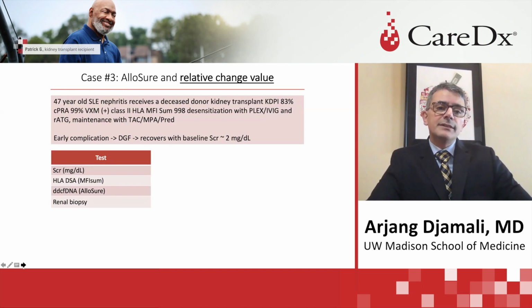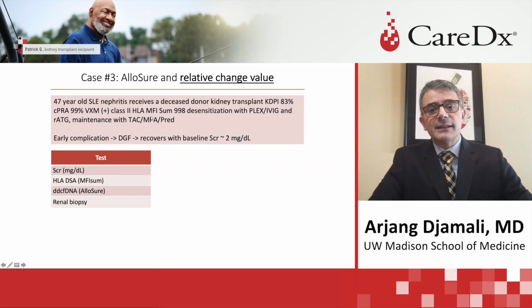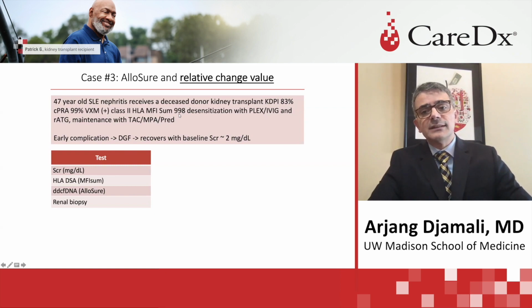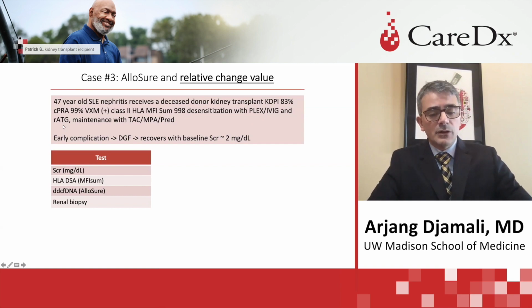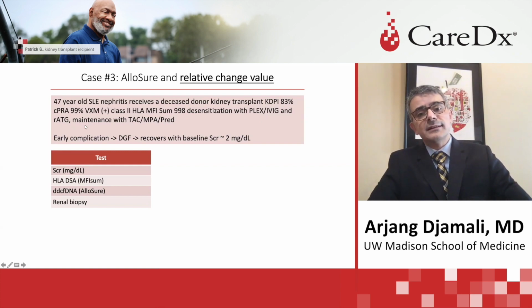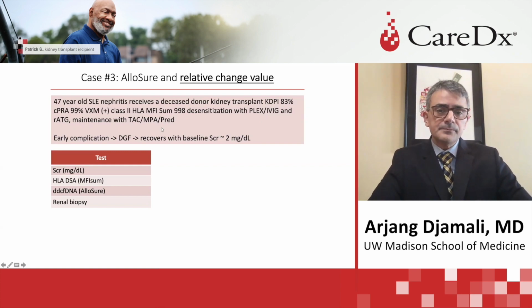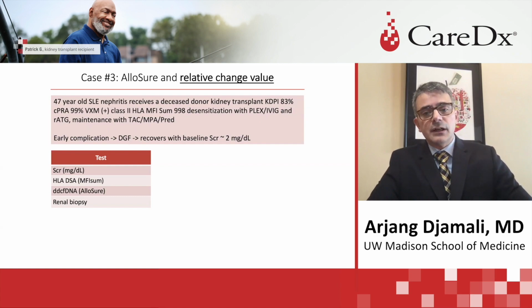It's a case of a 47-year-old patient with lupus nephritis who was also highly sensitized with a PRA of 99%, received a positive virtual cross-match kidney transplant with an MFI sum of around 1,000, and underwent desensitization with plasma exchange and IVIG, again with thymoglobulin induction and maintenance therapy with triple immunosuppression. Now, this was a KDPI of 83%. The patient developed delayed graft function, but recovered with baseline creatinine of around 2.